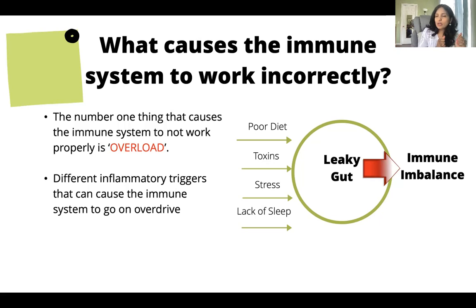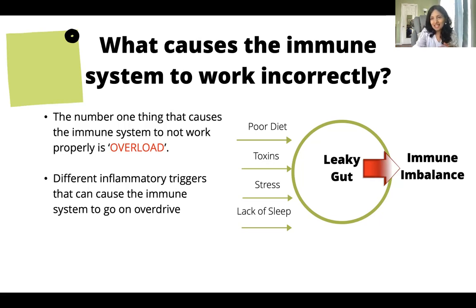And what do you think will happen when somebody is overworked versus somebody who works decent hours and gets enough rest? Just like in your job, if you're working an 8-hour job versus working constantly, you're overworked. When you're overworked, you tend to make mistakes.